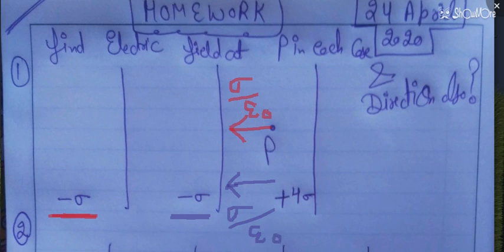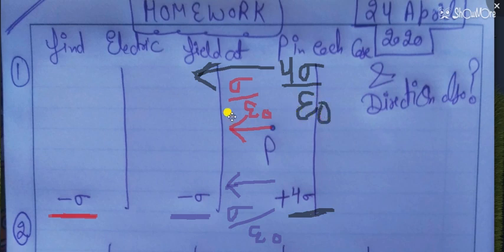Then due to this plus 4 sigma, the electric field at this point will be in this direction, and its magnitude is equal to 4 sigma by epsilon naught.